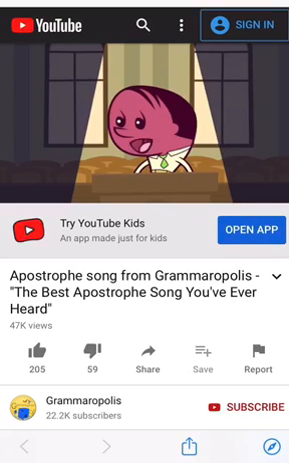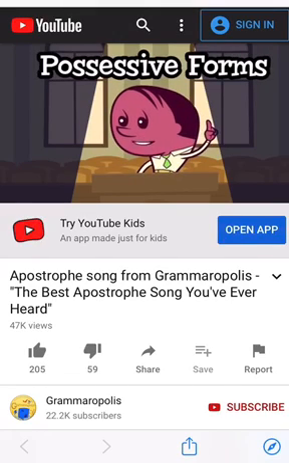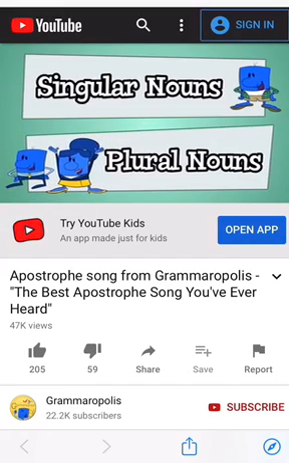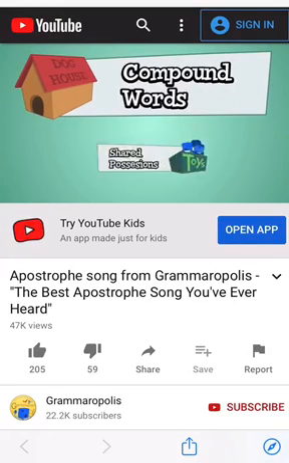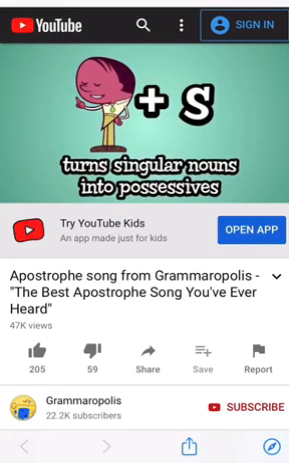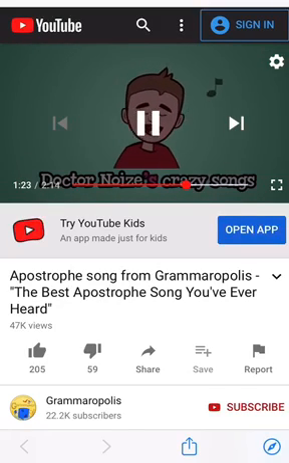Cause there's another use for apostrophes. To create possessive forms with singular nouns and plural nouns and compound words and shared possession. An apostrophe plus S turns singular nouns into possessives. The cat's claws, the dog's paws, Dr. Noise's crazy.